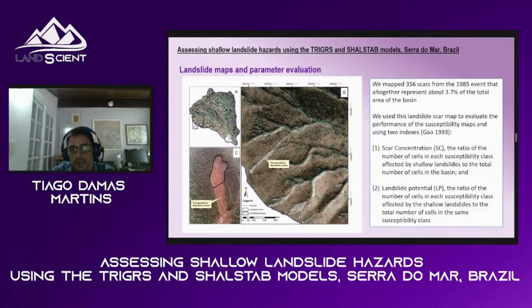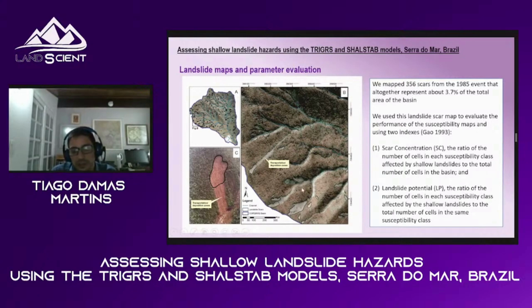So for that, 356 scars were mapped from the 1985 event, which represents 3.7% of the total area of the basin, and two methods were used to compare. We call them scar concentration and landslide potential. The idea is, when you compute, it doesn't matter which model it is, you present different cells.